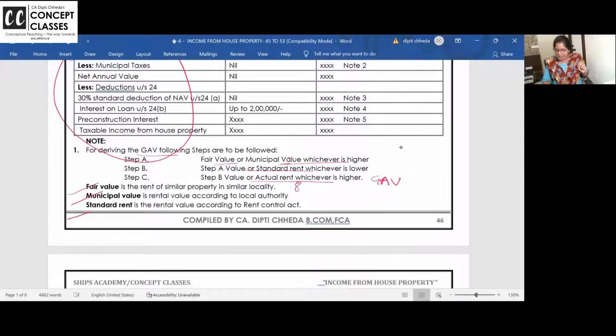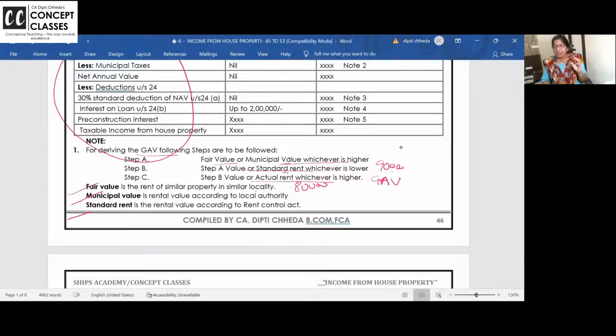Suppose your actual rent is 80,000, but standard rent in the area is 90,000. So fair rent and municipal value, whichever is high. That or standard rent, whichever is low. Then 90,000 or actual rent, whichever is high. Is this clear to all of you? So this is how you put the fair rent, municipal value and get your answer, the GAV.